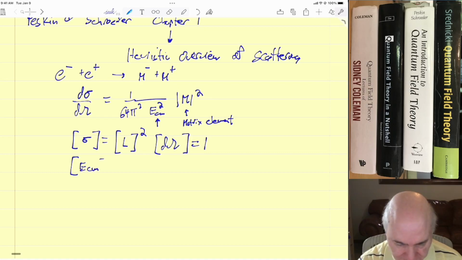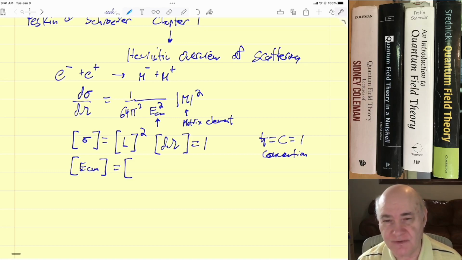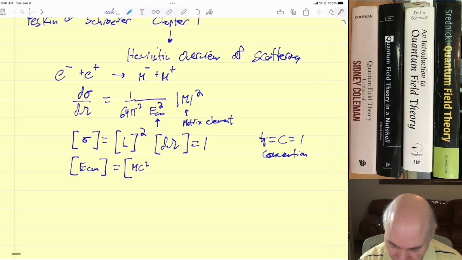And the dimensions of energy: we're working with h bar equals c equals 1 convention, which is standard in high energy physics and quantum field theory, so you should try and get used to it. But obviously the dimension of energy is mc squared, but we have c squared equal to 1 by our units.